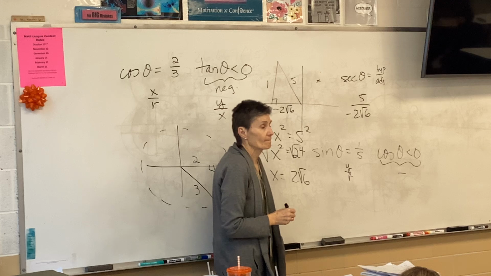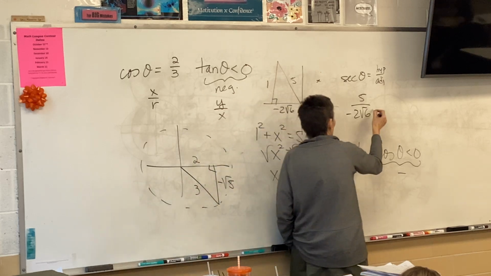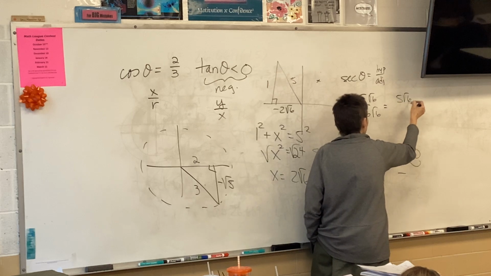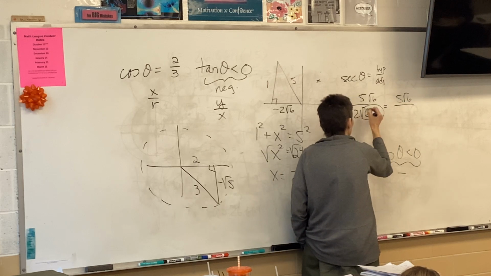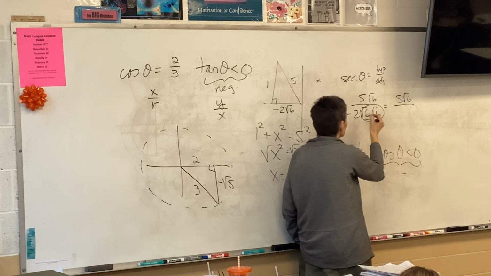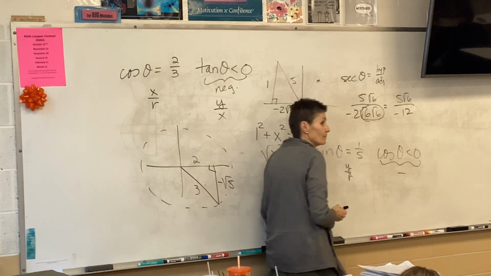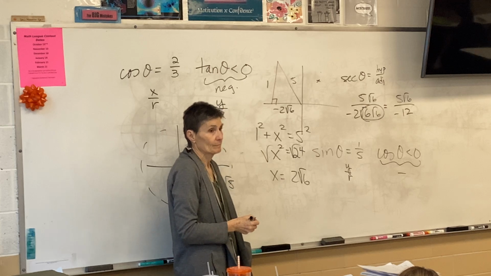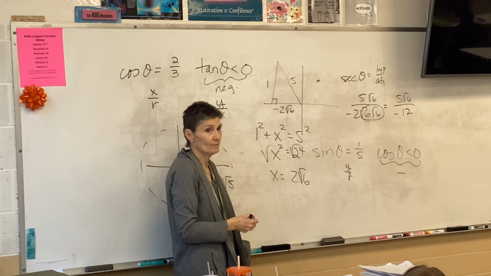I think that's a number right there, so we'll multiply only by the radical. So we have 5√6 over, those two make a 6, negative 12. That makes sense to you?